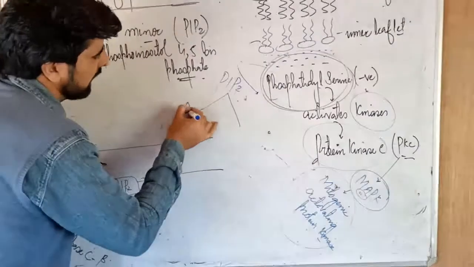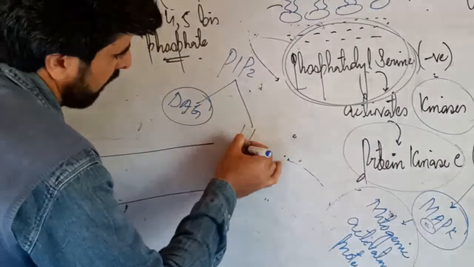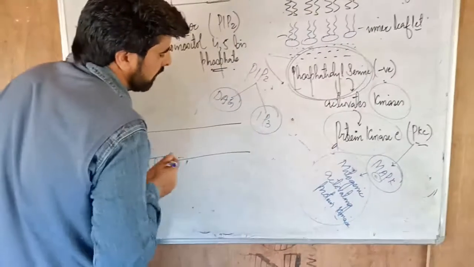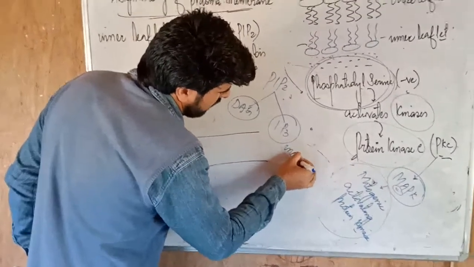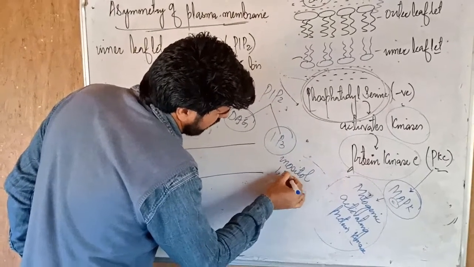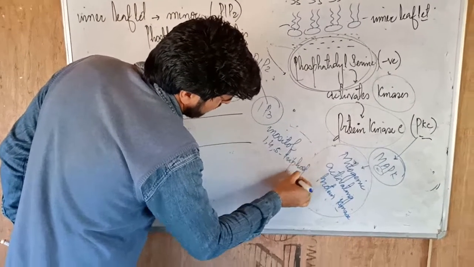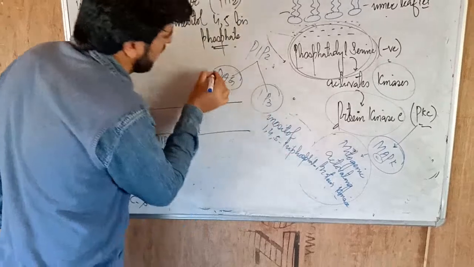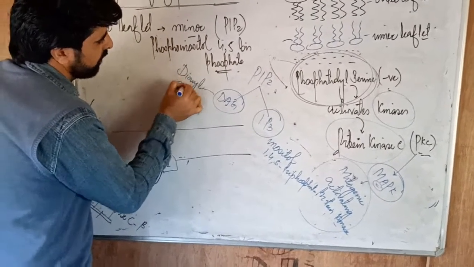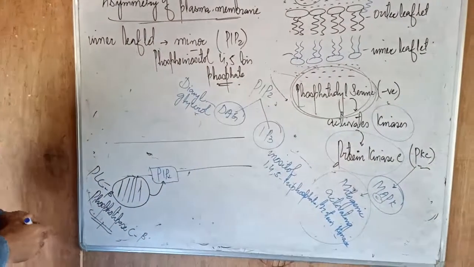One we have the DAG, that is diacylglycerol, and second one we have IP3, that is inositol triphosphate, especially inositol 1,4,5-triphosphate, and this we have is diacylglycerol. So these are the two products which are formed from PIP2.